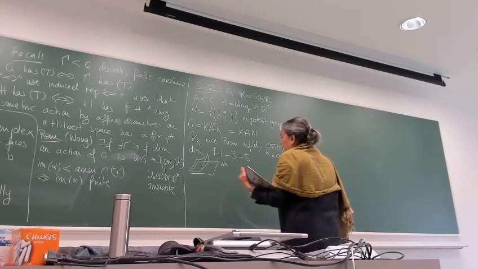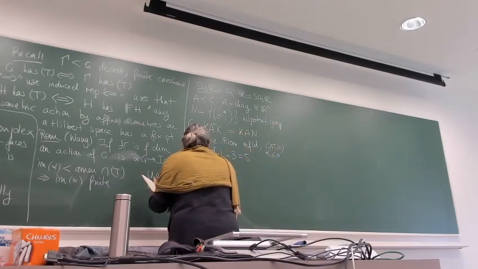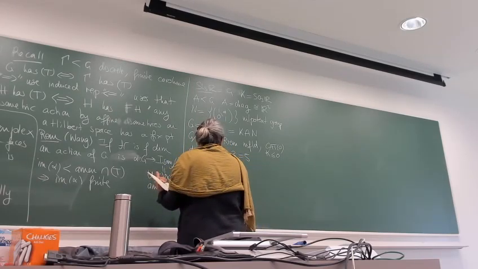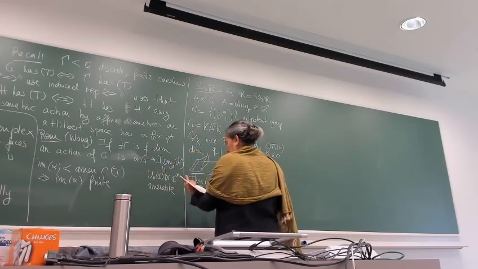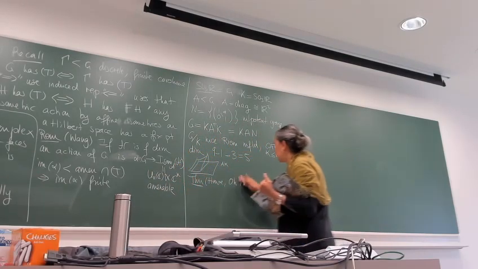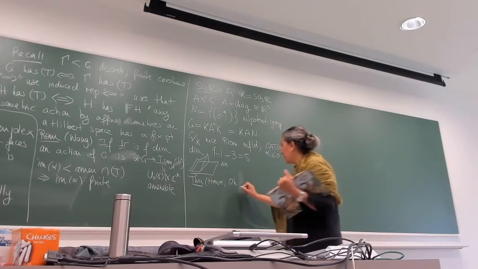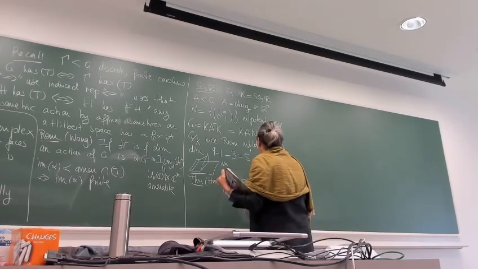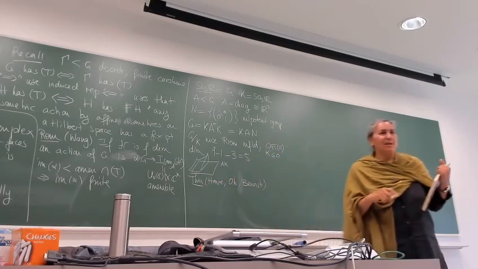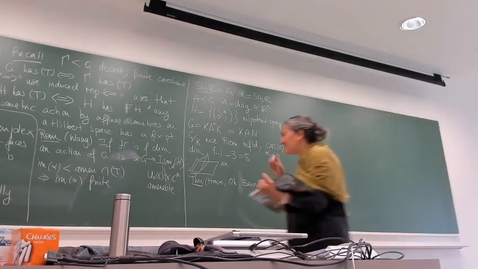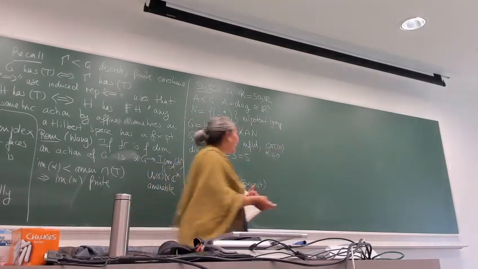And so the theorem that I want to discuss today is due to Hee Oh, except that I read it from Benoit's notes because I could not read Hee Oh's paper. It's too algebraic for me.